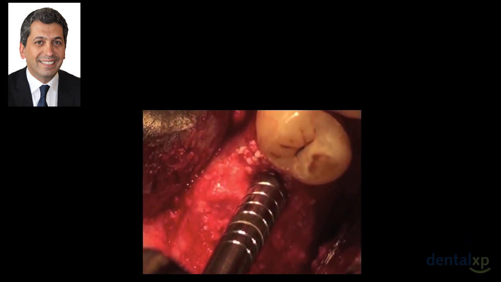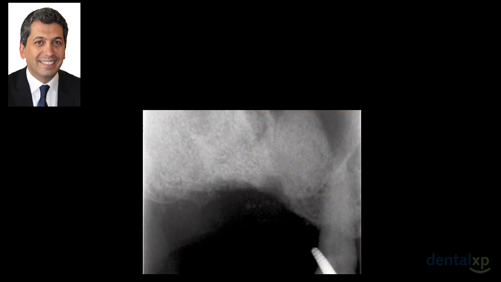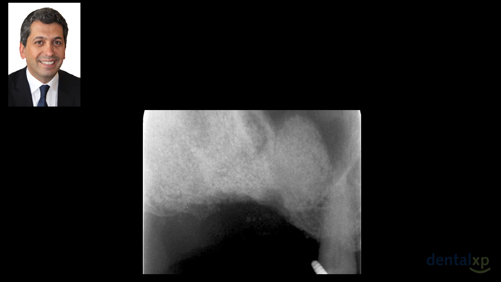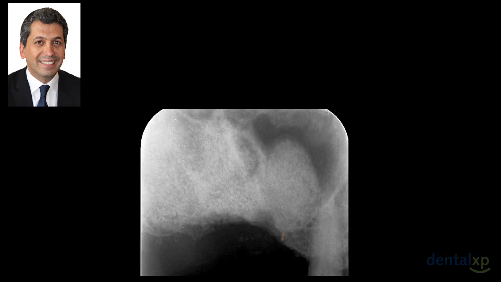And as I told you, it's a very gentle but a very slow process until we can reach this sinus floor elevation. So here also we went from 1 millimeter all the way up.